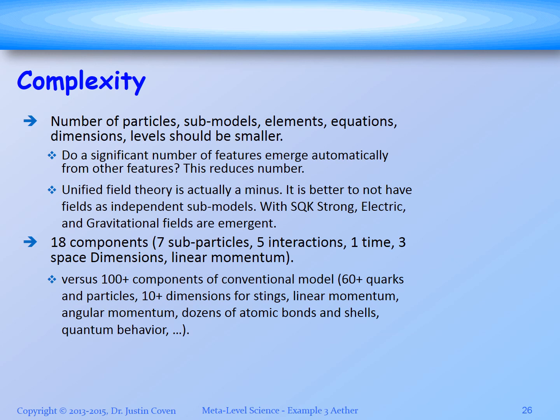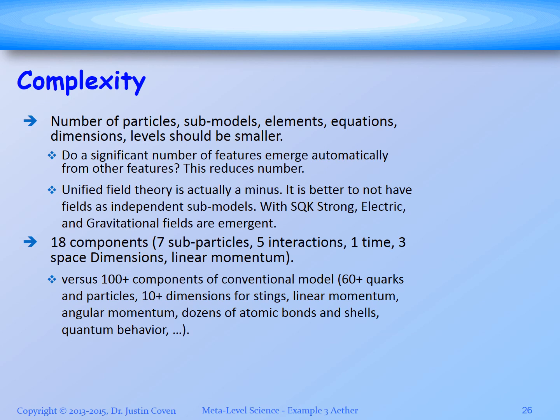This reduces the basic number of elements. Unified field theory is actually a minus. It is better to not have fields as independent submodels at all. So the number of each field adds a level of complexity. If all fields emerge, as they do with subquantum kinetics, that is actually a benefit for that model where more things emerge.